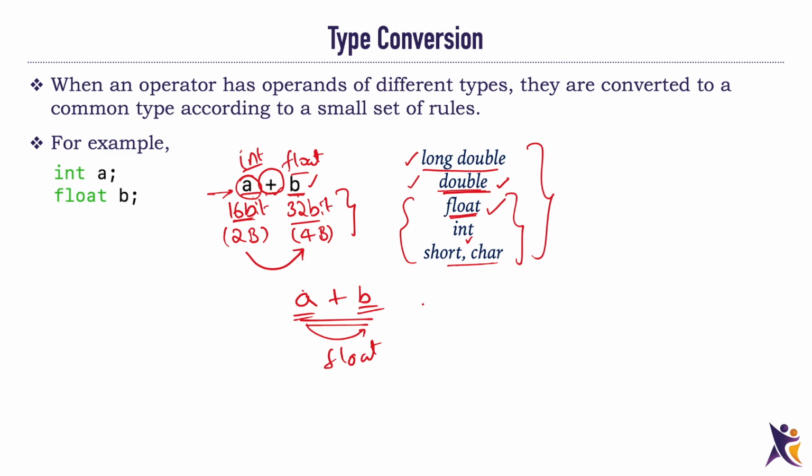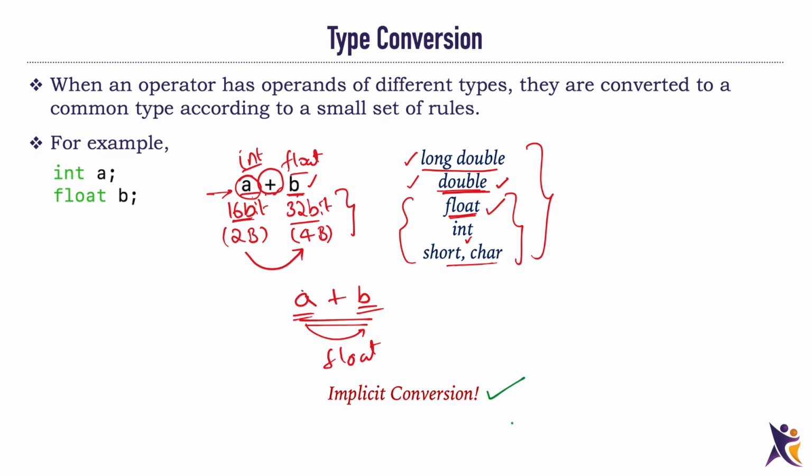Whatever conversion is done during this evaluation of expression is called implicit conversion, right? This is called implicit conversion. Now in this expression, a is int and b is float, so the total expression evaluates to a floating point number.